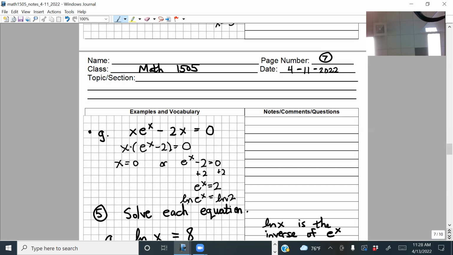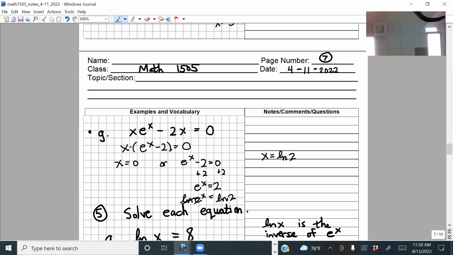Now, to simplify natural log of e to the x, you can think of that in two ways. The more direct way is just remember natural log and e to the x, those functions are inverses of one another. So they will cancel each other, and you'll just get left with x equals natural log of 2.